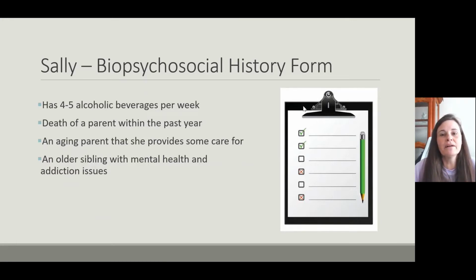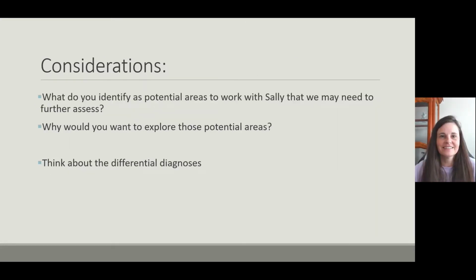So when we think about Sally and how we would work with her, let's explore some considerations when working with this client. What are some of those potential areas that you want to work with Sally? What is it that you think we might need to assess with her? So not only what would you explore, but why would you want to explore those potential areas?